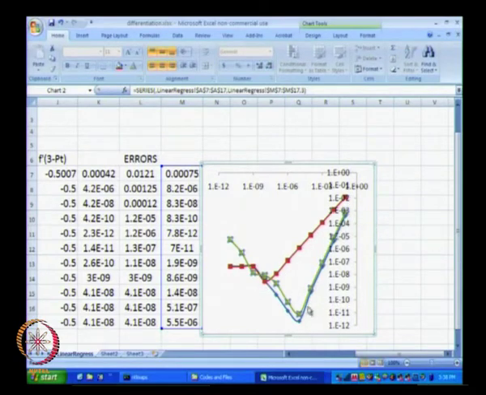However, in both the cases, as we decrease the value of our delta x, there is an increase in the errors that we see after a particular point, and this is because of the truncation and round off errors.